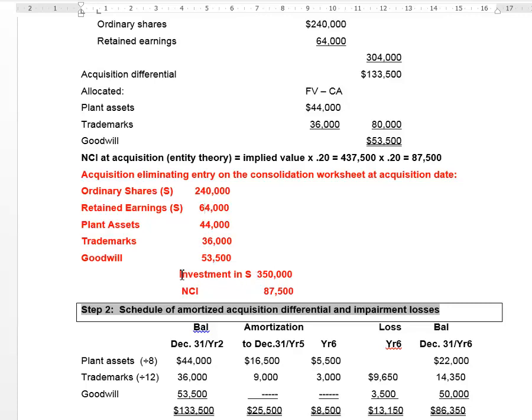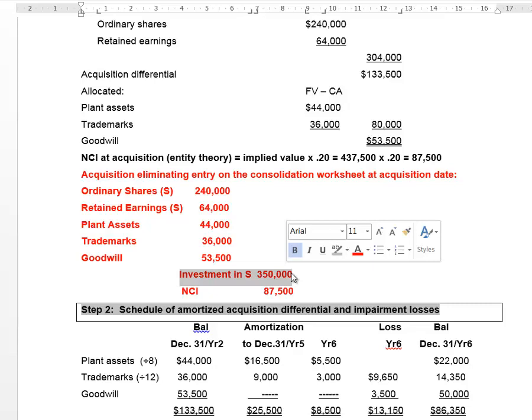We also want to eliminate the investment in the sub, again, to avoid double counting. Why? Because we are picking up all of the carrying value plus the fair value increments of all of the assets and liabilities of the sub at the acquisition date. The carrying value plus those fair value increments are exactly what the investment account is about. So we don't want to double count, so we'll eliminate the investment in the sub at the acquisition date, which is $350,000.